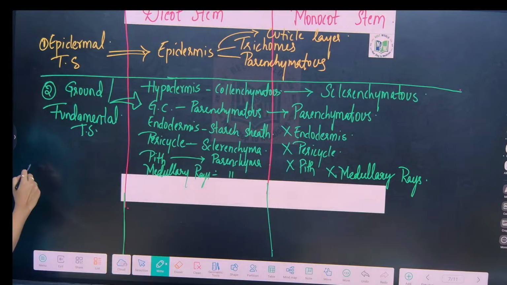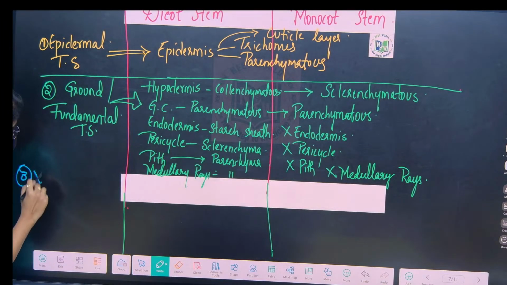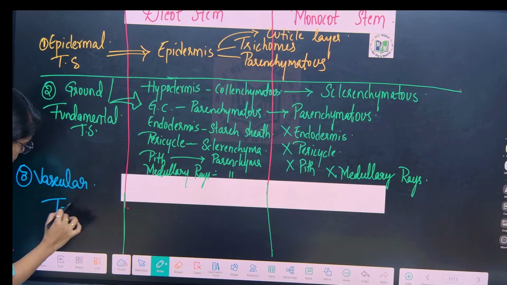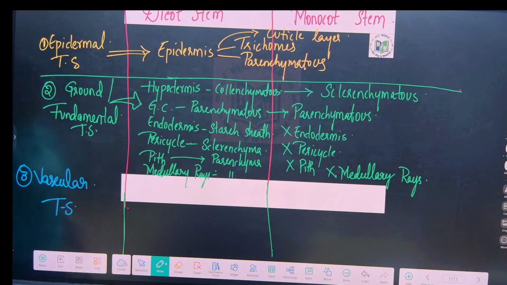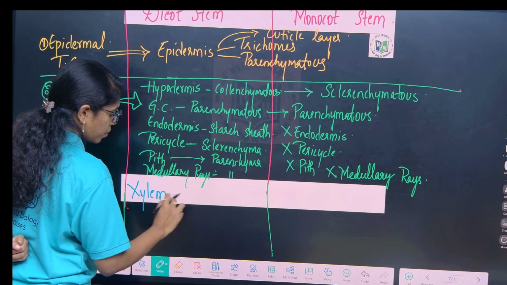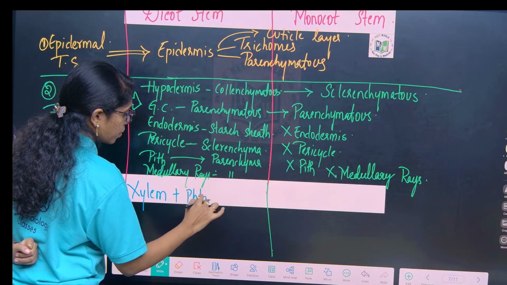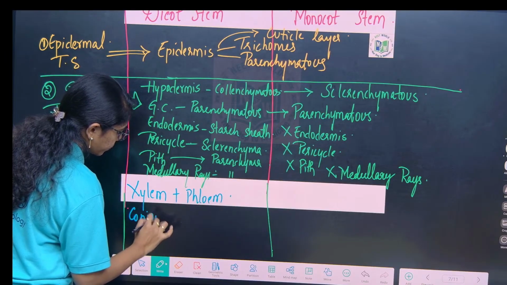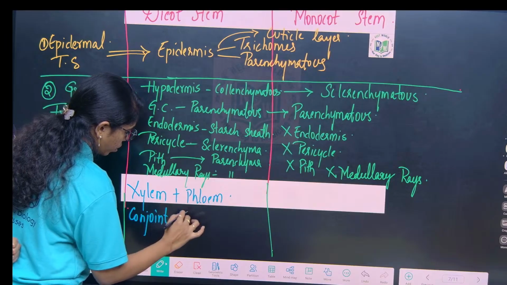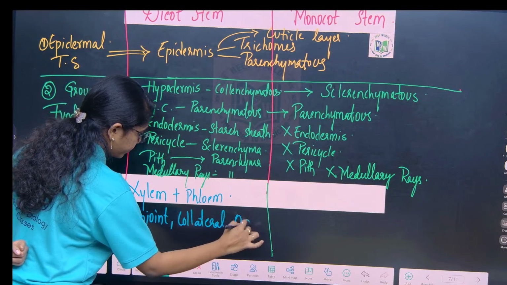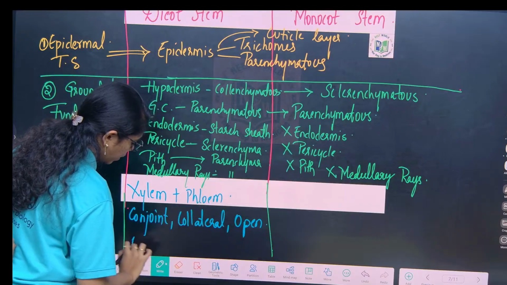Third is what? Vascular tissue system. It includes xylem and phloem. How are they arranged? Conjoint, collateral, open, and endarch mode of arrangement.